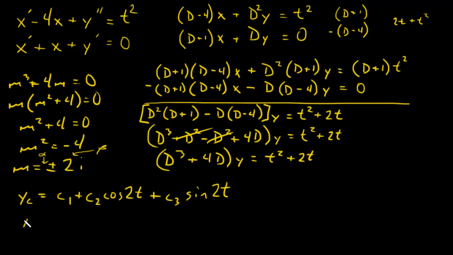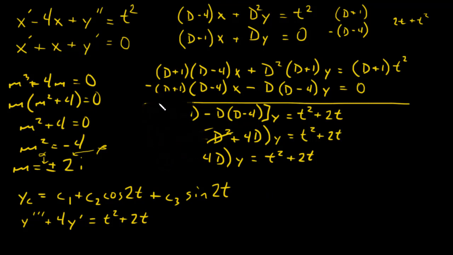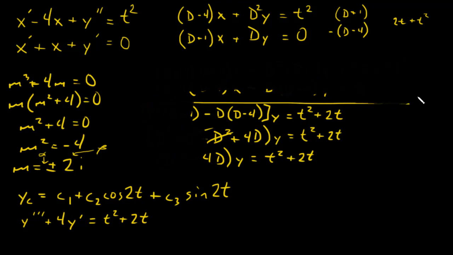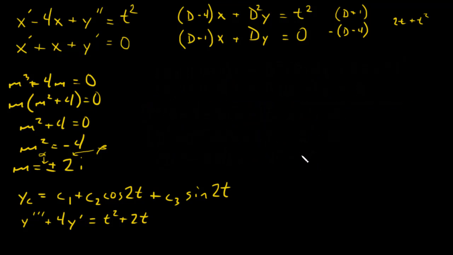So this is going to give me y triple prime plus 4y prime equals t squared plus 2t. Okay, now I need to make my guess. And if y'all are okay, I'm going to erase this and do my guesswork over here. So let me erase this. Alrighty. And I don't need this one either.